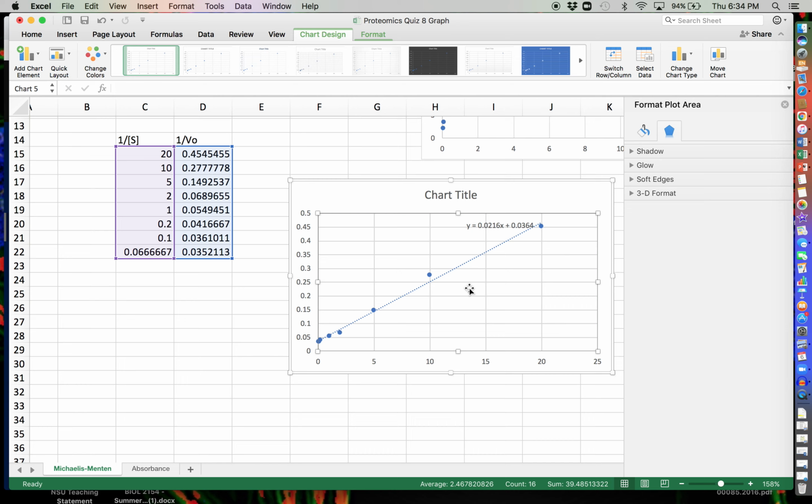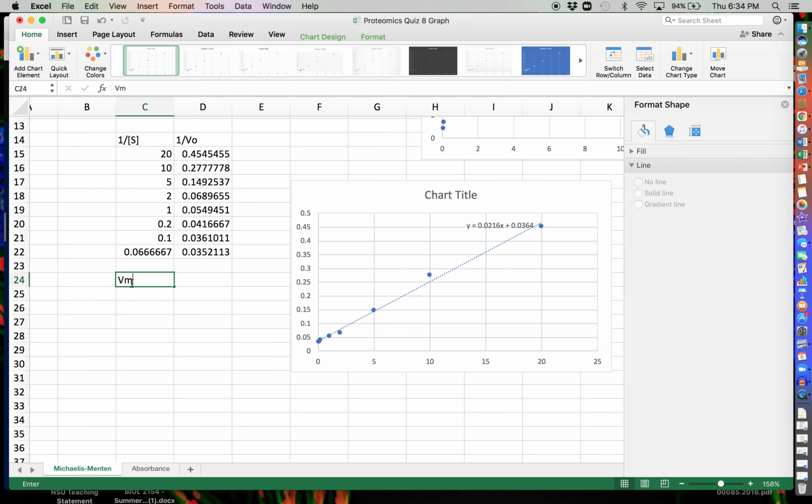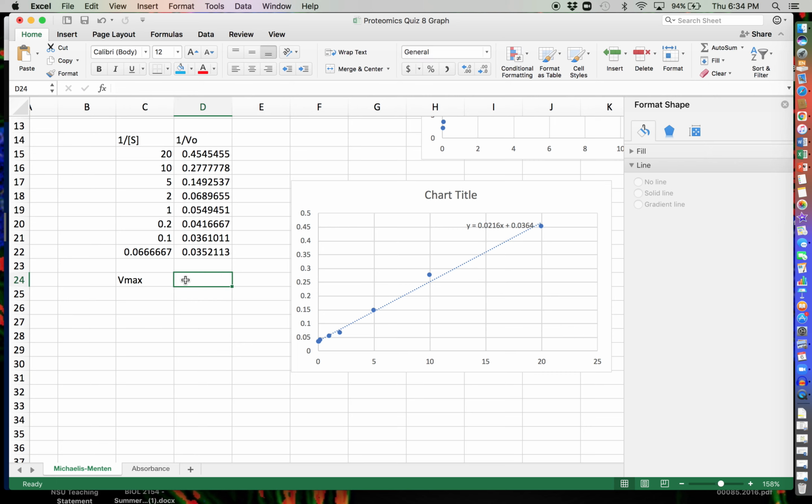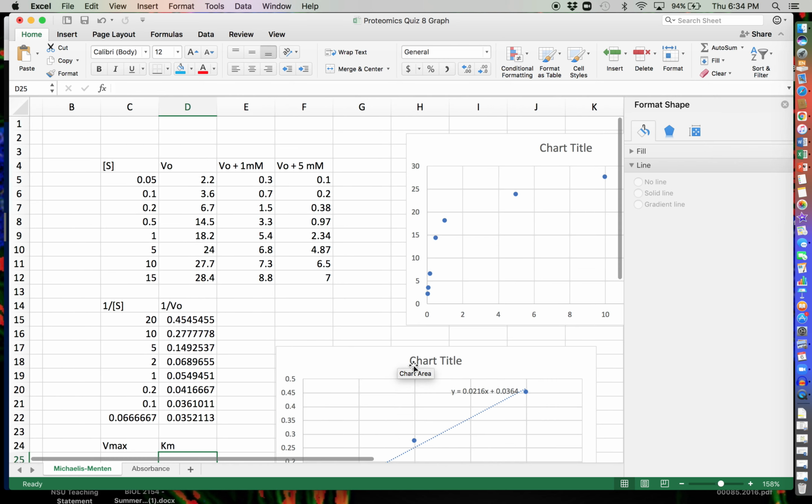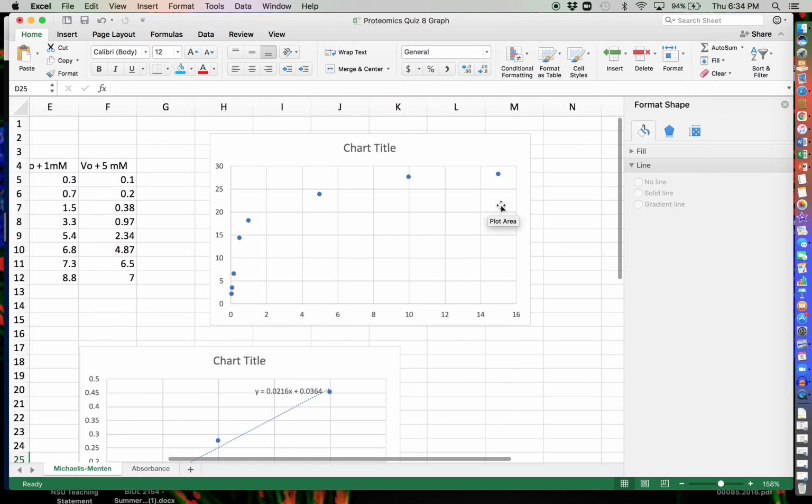Okay, so what value do we get out of having a perfectly straight line? Well, there is a lot of information that we can infer from the equation of this line: the slope of the line, the y-intercept, and the x-intercept. The first thing that we are wanting to do here, like we said before, we want the Vmax and the Km, okay? So we said that with the Michaelis-Menten plot up here, we can eyeball those things.